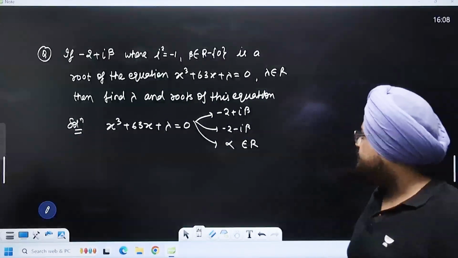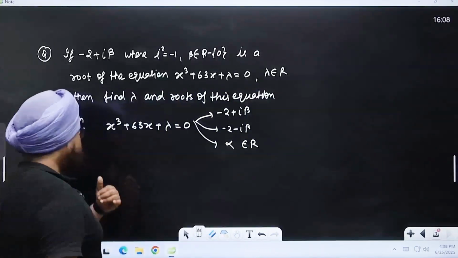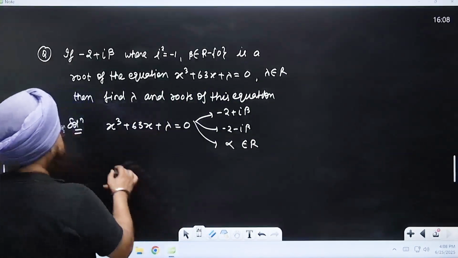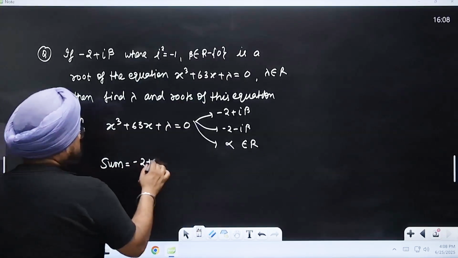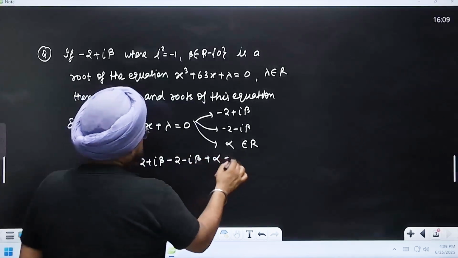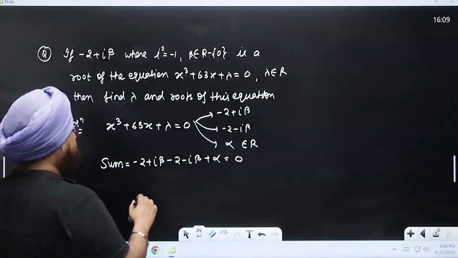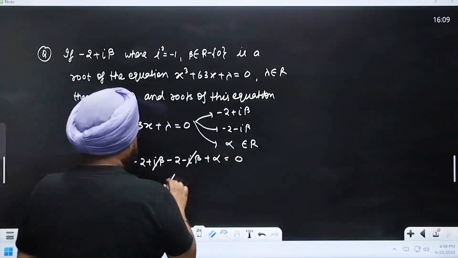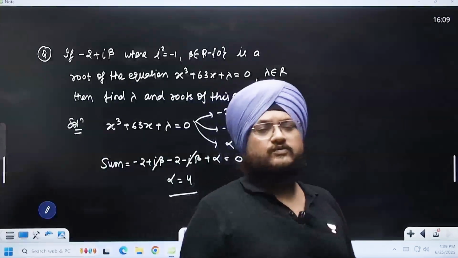Okay. Now again, using the concept of relation between roots and coefficients, sum of roots is zero, as the coefficient of x square here is 0, so α will be equal to 4. So the real root of this equation has come out as 4.